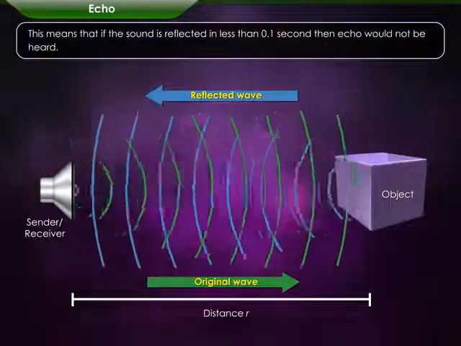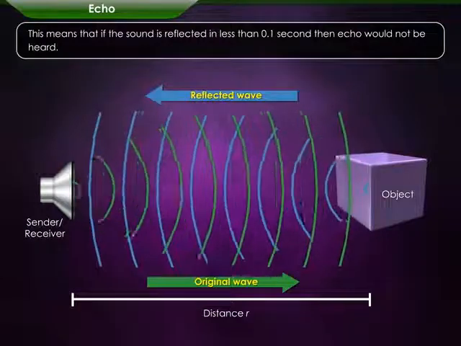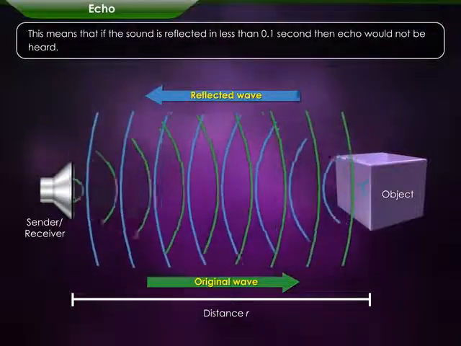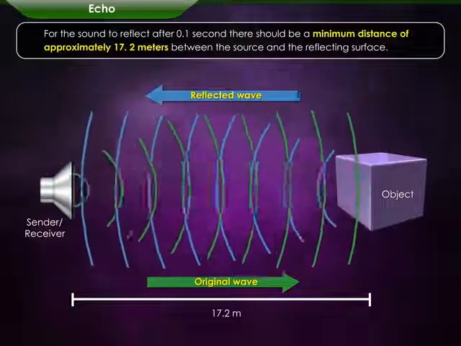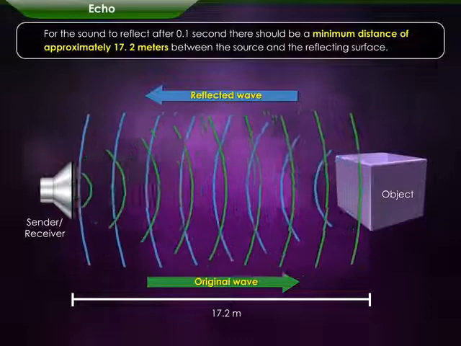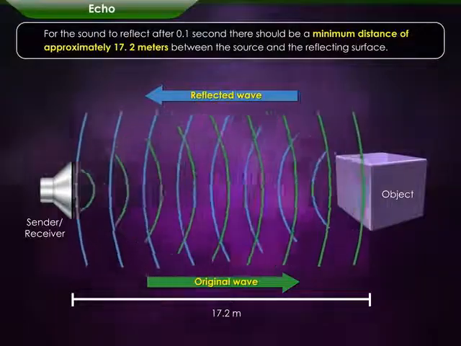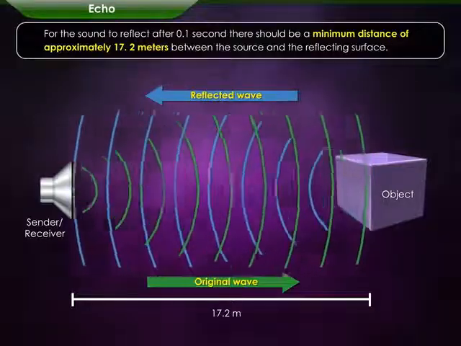This means that if the sound is reflected in less than 0.1 second, then echo would not be heard. For the sound to reflect after 0.1 second, there should be a minimum distance of approximately 17.2 meters between the source and the reflecting surface.